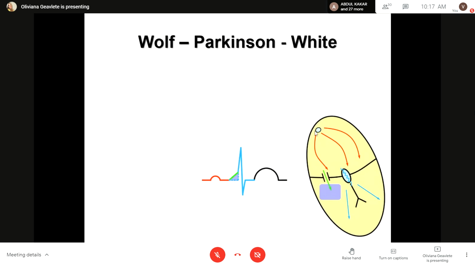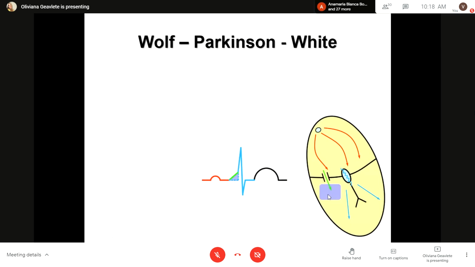The sinus node is firing. It gets to the AV node. And then two things happen at the same time here. The first, we have the conduction through the accessory pathway. This is the accessory pathway. This is the normal AV node.